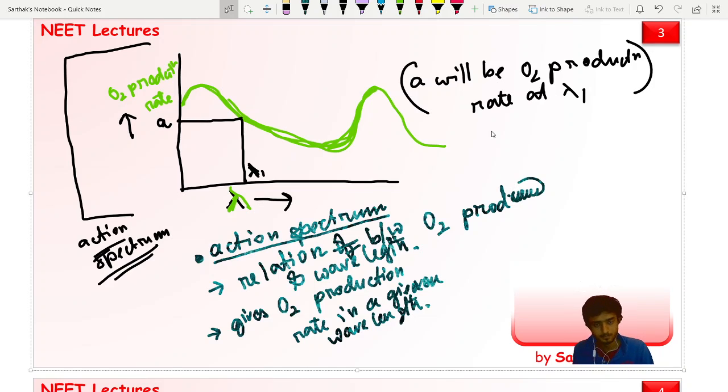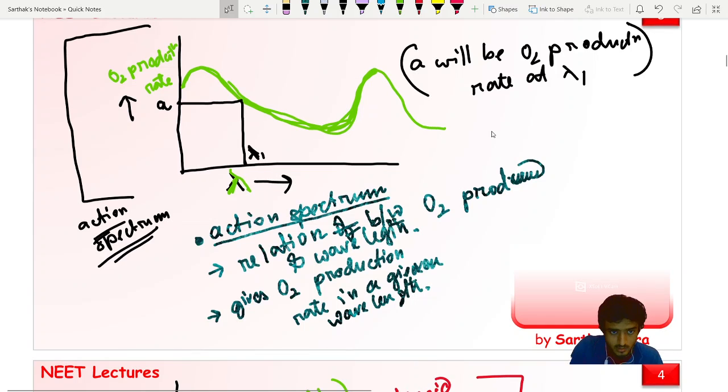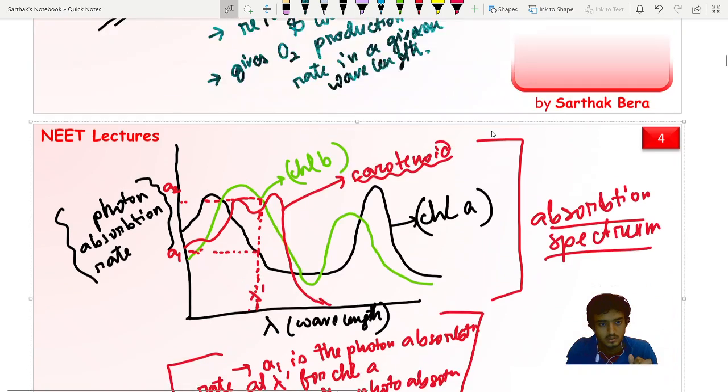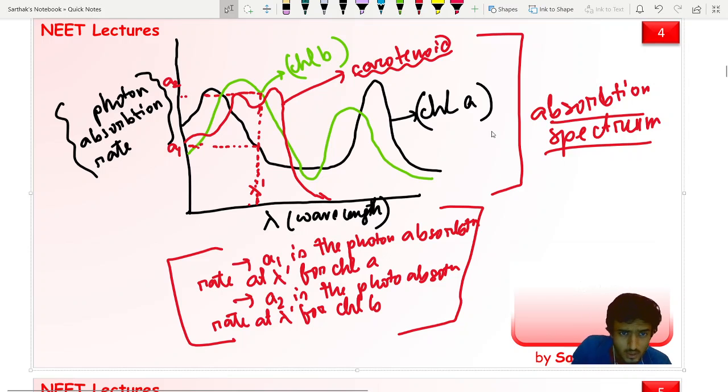You will be surprised to know that the action spectrum of photosynthesis closely correlates with the absorption spectrum of chlorophyll A and B. Just look at the curve. I am drawing the action spectrum here, very small.